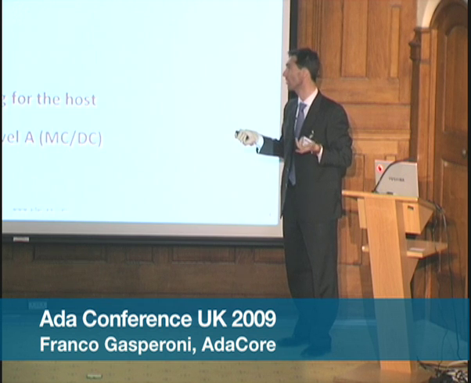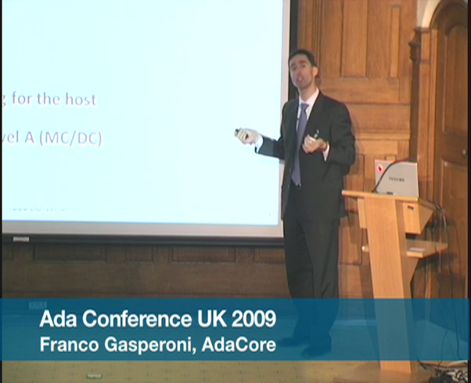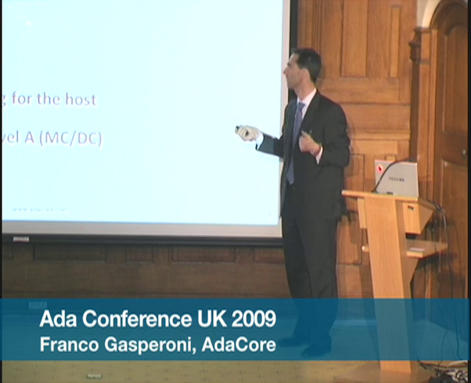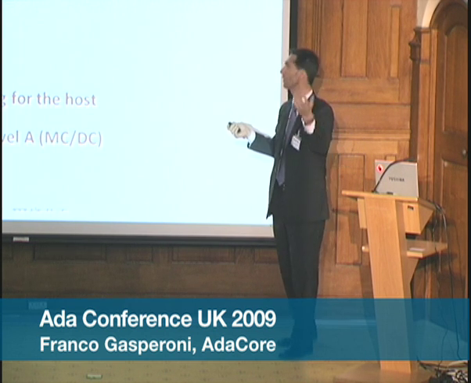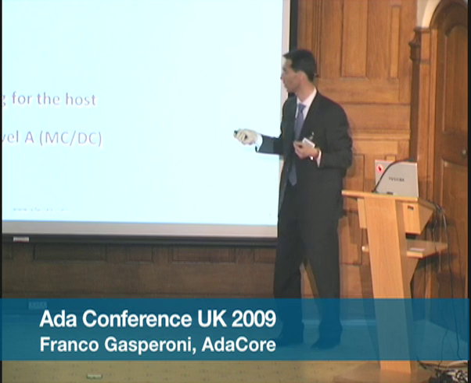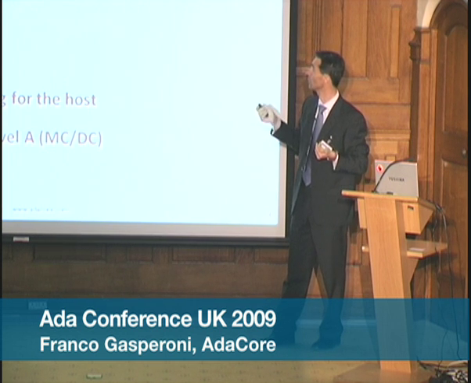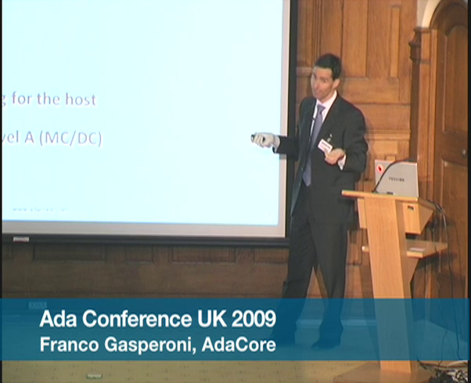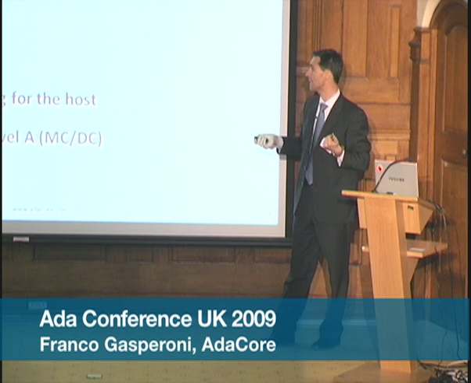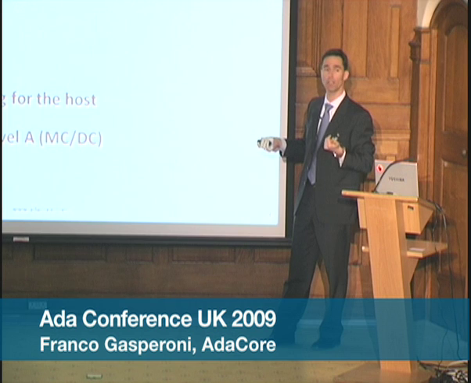Well, the benefit is that it is independent of the programming language. It's done at the back-end level, so whether you do it for Ada or for C, it works the same way. It's compiler dependent, obviously. In this case it works for GCC. It's, again, very intrusive, and it only works when compiling for the host.